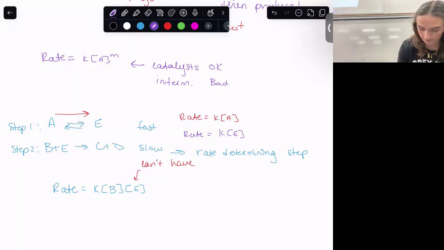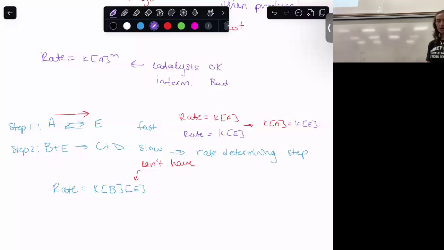So we can say that k[A] is equal to k[E]. We're trying to get rid of the [E] in our blue rate law. So what can we do to k[A] = k[E] in order to help us out?